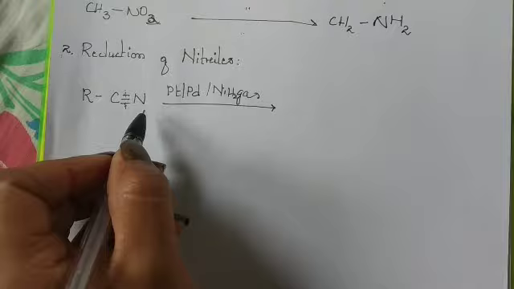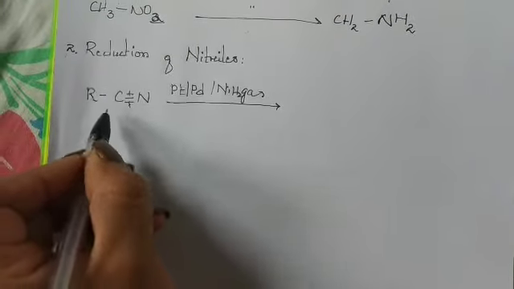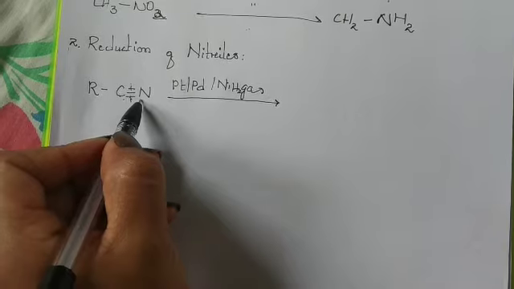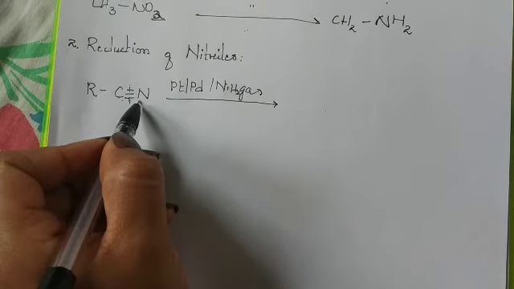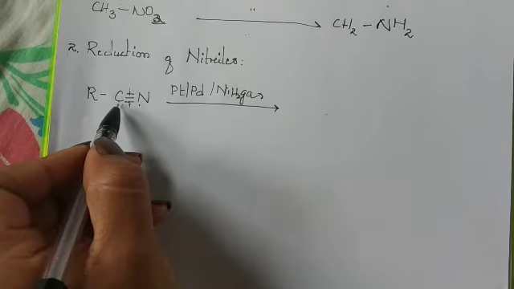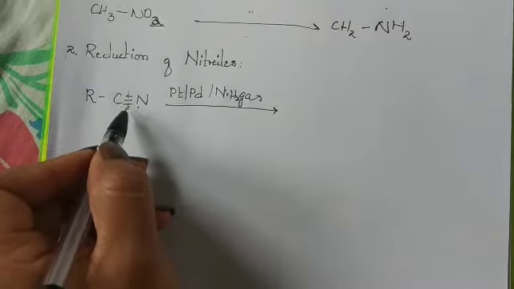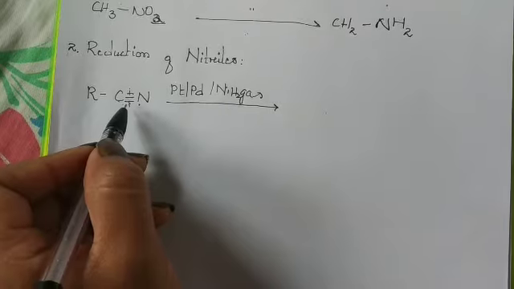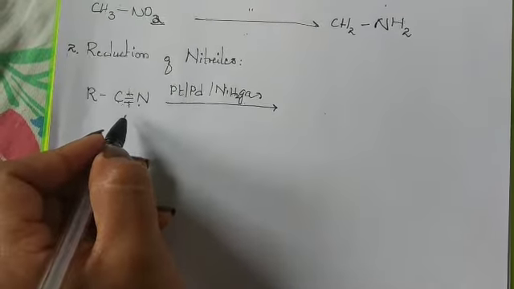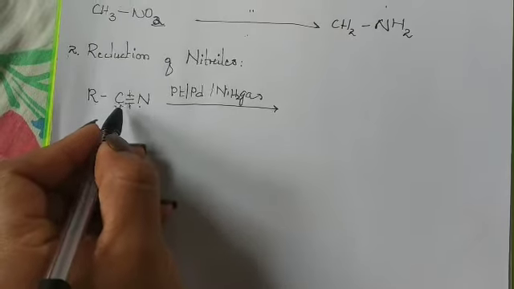That means preparation of amines containing one carbon atom more. Here, this carbon belongs to the nitrile. Therefore, the amine produced would have one carbon atom more than the starting amine. Therefore, at this carbon atom, two bonds break.